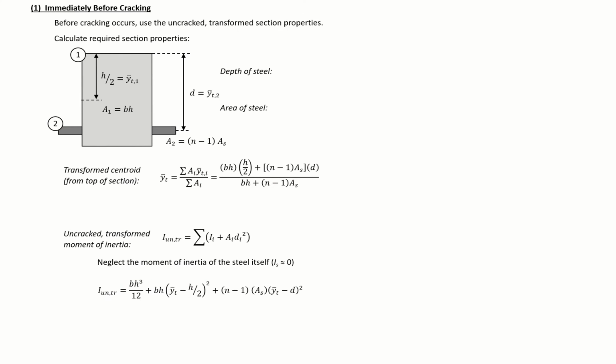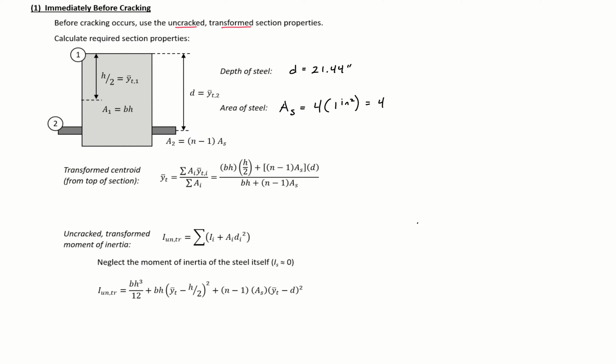We'll now calculate our immediately before cracking point. And we can do this by using our uncracked transformed section properties, which we'll need to calculate. We found our depth of steel already to be 21.44 inches on our previous slide. We can then find our area of steel, which we have 4 number 9 bars, and a number 9 bar has an area of 1 square inch.